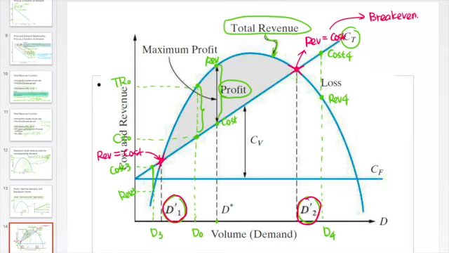Okay, that's not what we call break even, that's what we call even, right? Because it's even. When your income equals your cost, it's even.